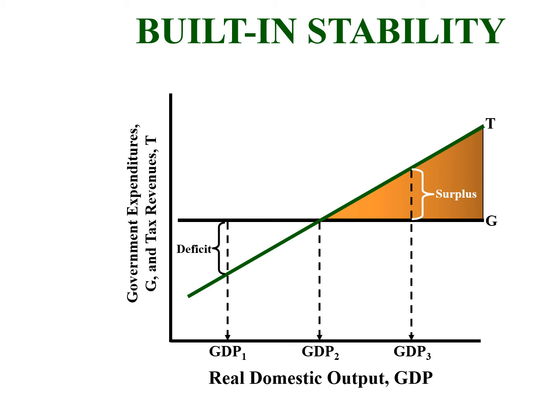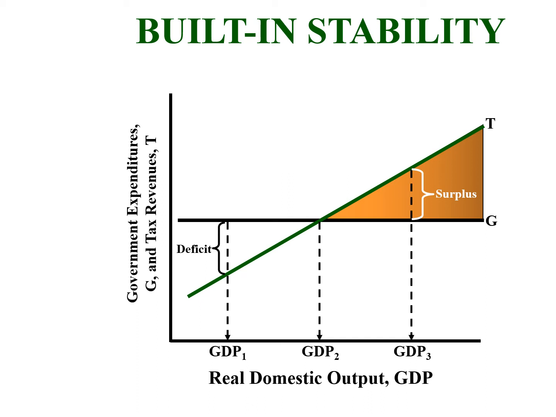Now, it's important to identify that throughout this time, government expenditures don't change. Remember, what we're saying here is, what if we don't pass a law to address the economic worries or concerns of the economy? Well, if we don't pass a law, the level of government expenditures will not change over time. That's why the G curve is perfectly horizontal.